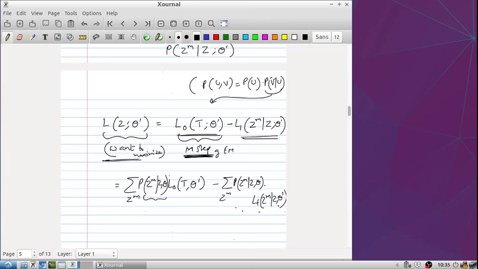The key thing is I took an expectation with respect to some other parameter. That I can always do. I can say T is distributed according to one distribution, or to some other distribution. I took an expectation on the right hand side of these two terms with respect to some distribution, so I should also take an expectation on the left hand side. But on the left hand side, Zm is not a random variable, so there's no point taking an expectation.